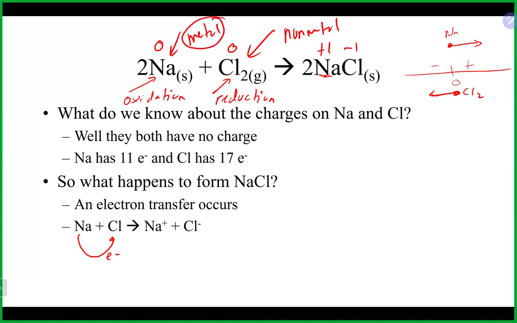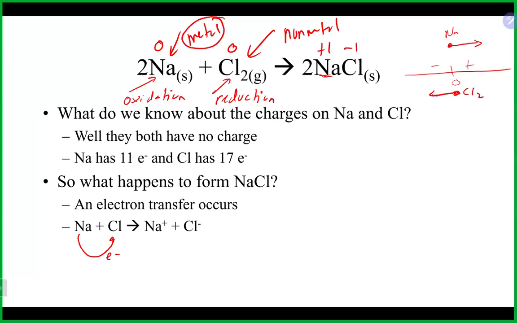It is the metals, right? Because they usually become positively charged, and our non-metals usually become negatively charged. So whenever you have a metal and a non-metal coming together like we do in this reaction, the metal should always be the one being oxidized because it should always be the one giving away the electrons. The non-metal should always be accepting those electrons and gaining them, and they should always be the one being reduced.